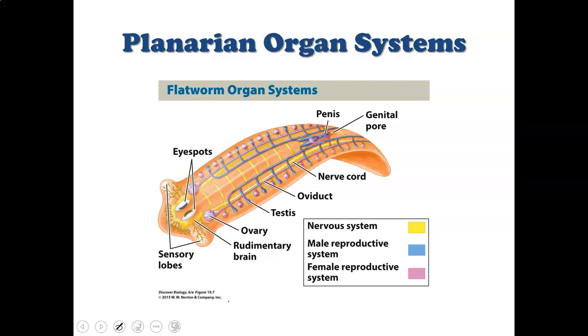So this flat body shape that they have is actually very highly advantageous to them because that flat body provides a lot of surface area for gas exchange to occur. Right? And the gas exchange, because it happens through diffusion, the body needs to be very flat so that the oxygen doesn't have to diffuse too far into very deep tissues.